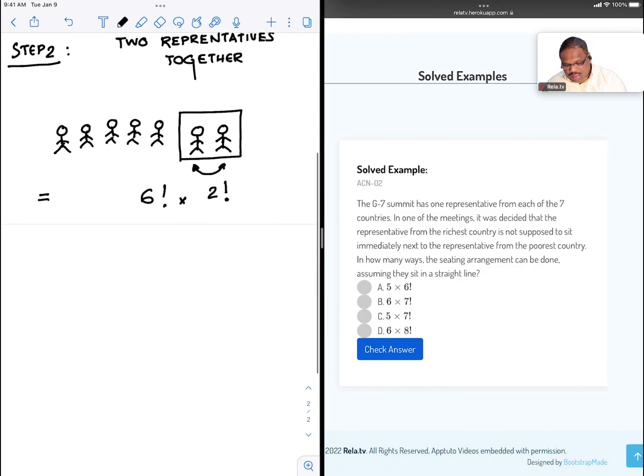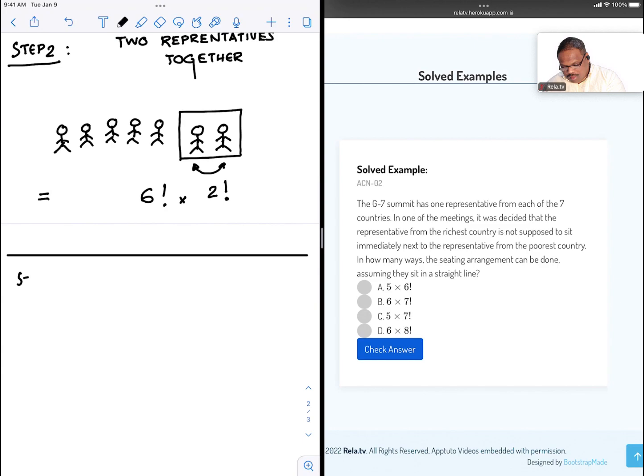Now remember, this is exactly what we do not want. So in step 3, we will simply take the complement of an event.